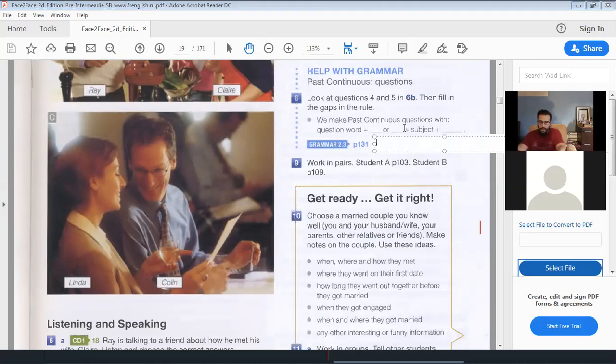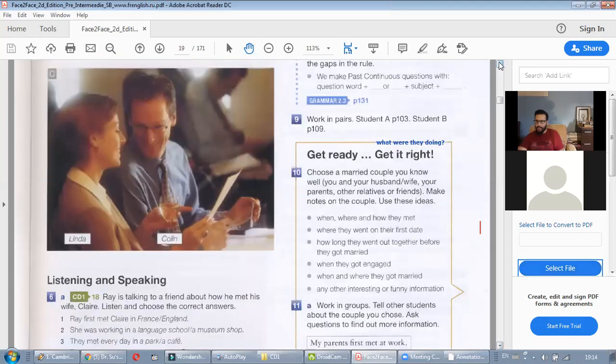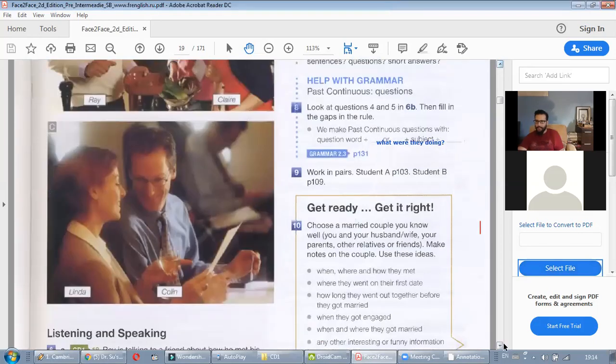So here we have what were they doing? And in the next example, I didn't read it, but let's check it. It says, what was Ray doing? So sometimes it's was, and sometimes it's were.